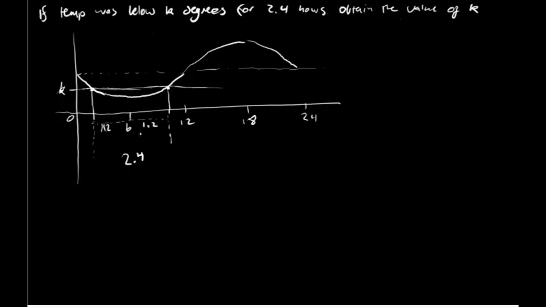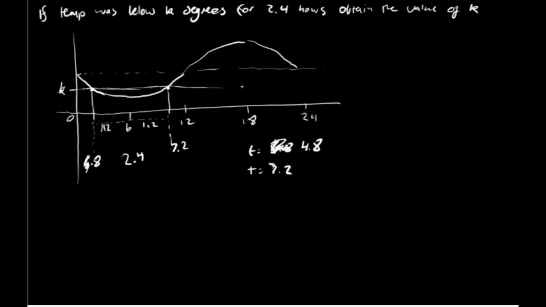So it's between 6 plus 1.2, so 7.2, and 6 below, so 4.8. Sorry, it should be 4.8. So there are our endpoints.